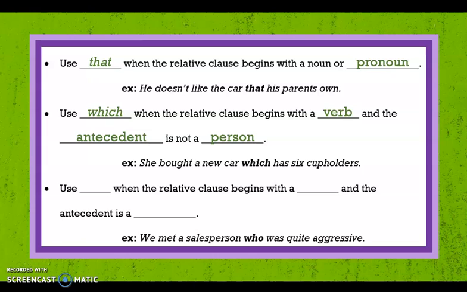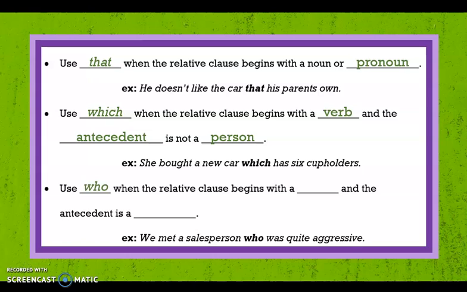That relative clause tells us more about the antecedent or the car. It tells us that that car has 6 cup holders. All right, and we use the relative pronoun which because car, of course, is not a person. And notice that our relative clause begins with a verb, has. So that's why we used which.